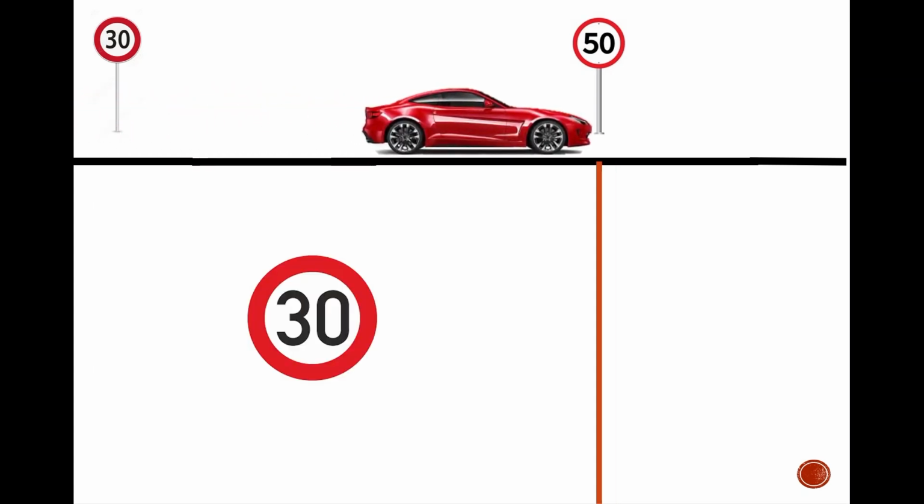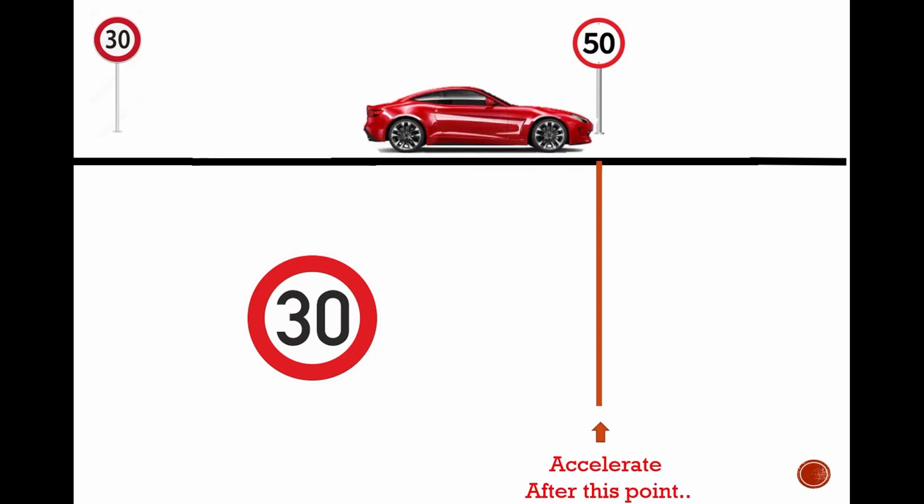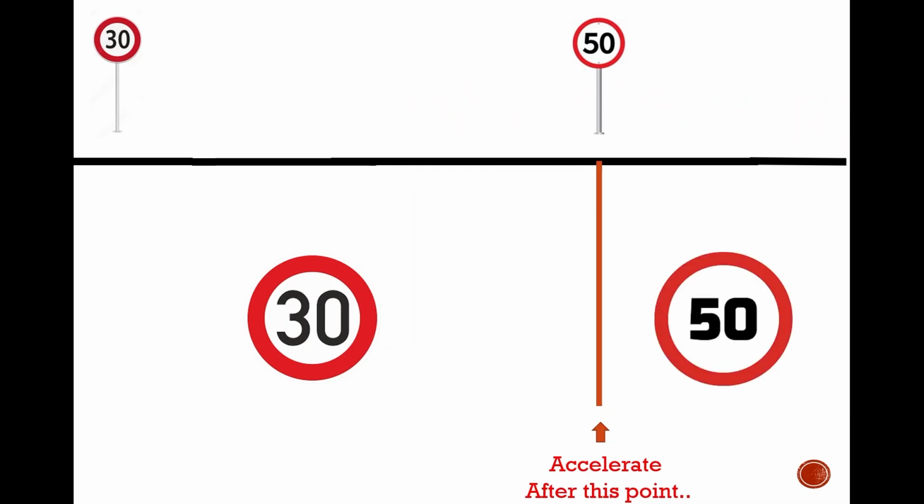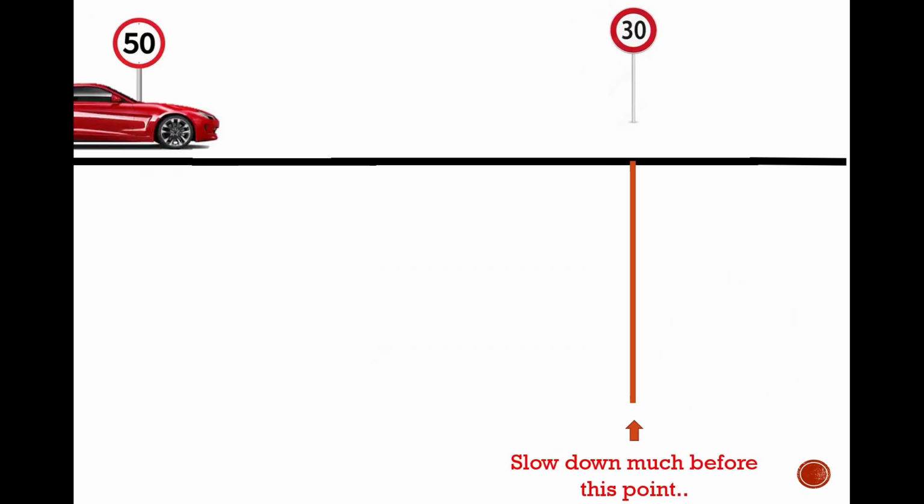It is very important that until that point you still remain at 30, and only after the point where you see that 50 speed limit are you allowed to accelerate and take off. Accelerating much before your 50 speed limit is considered a mistake.